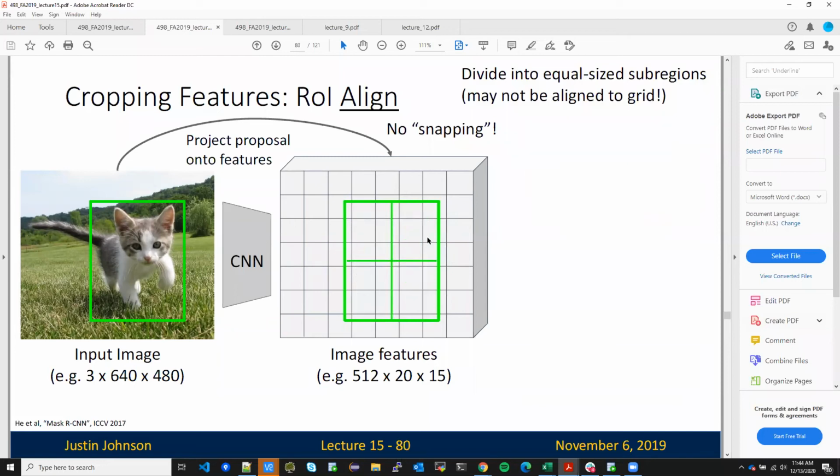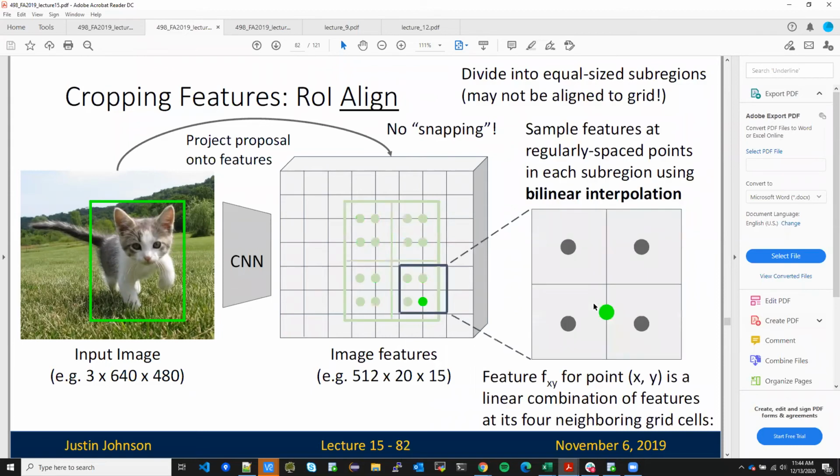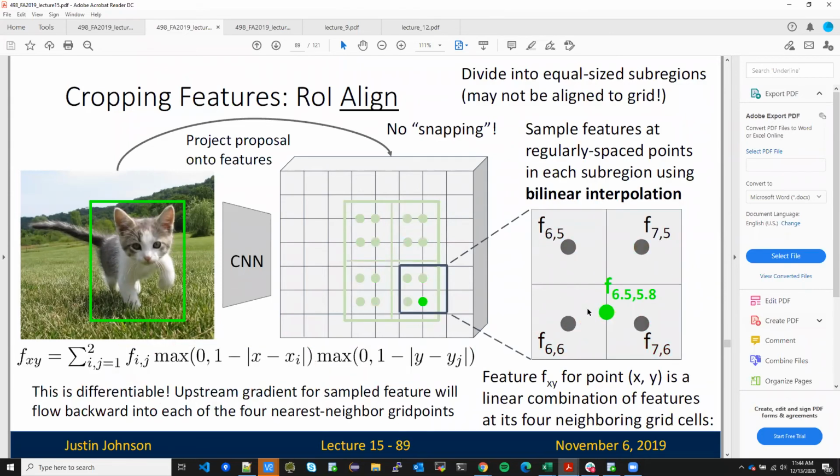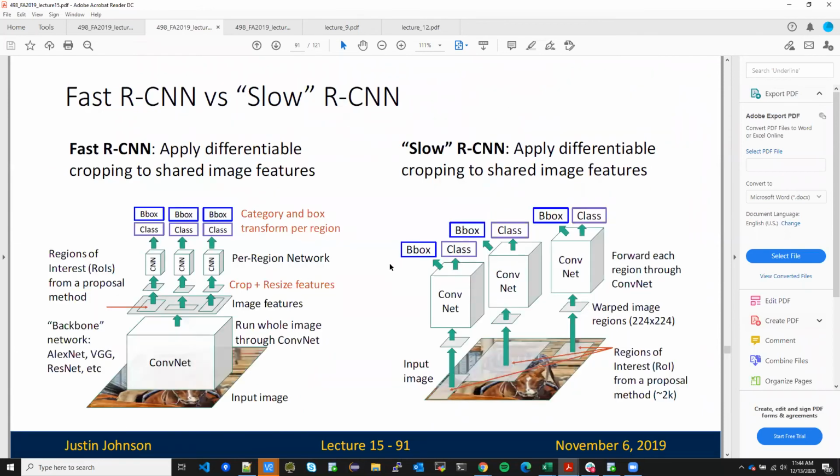They came up with a method called ROI align. Yeah, so basically that's what the summary was.